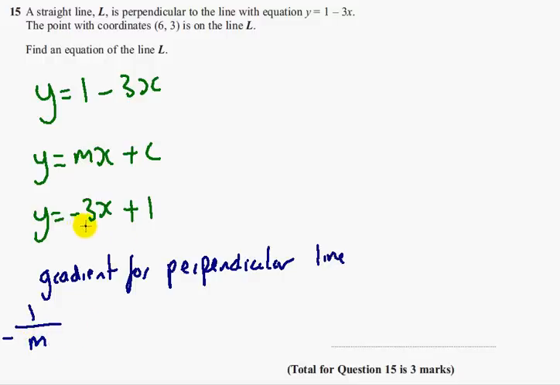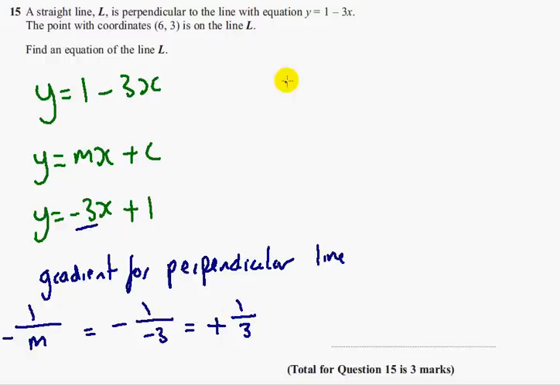Okay, so the gradient for the original line is minus 3. So let's put that in. Minus 1 over minus 3. So minus 1 divided by minus 3 is positive 1/3. So the gradient for the perpendicular line is positive 1/3.